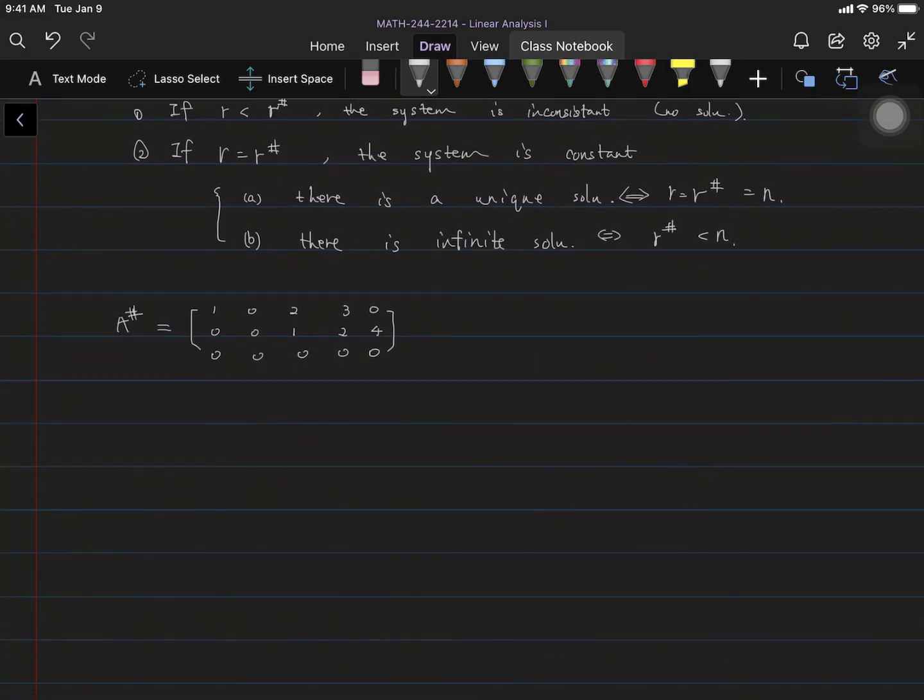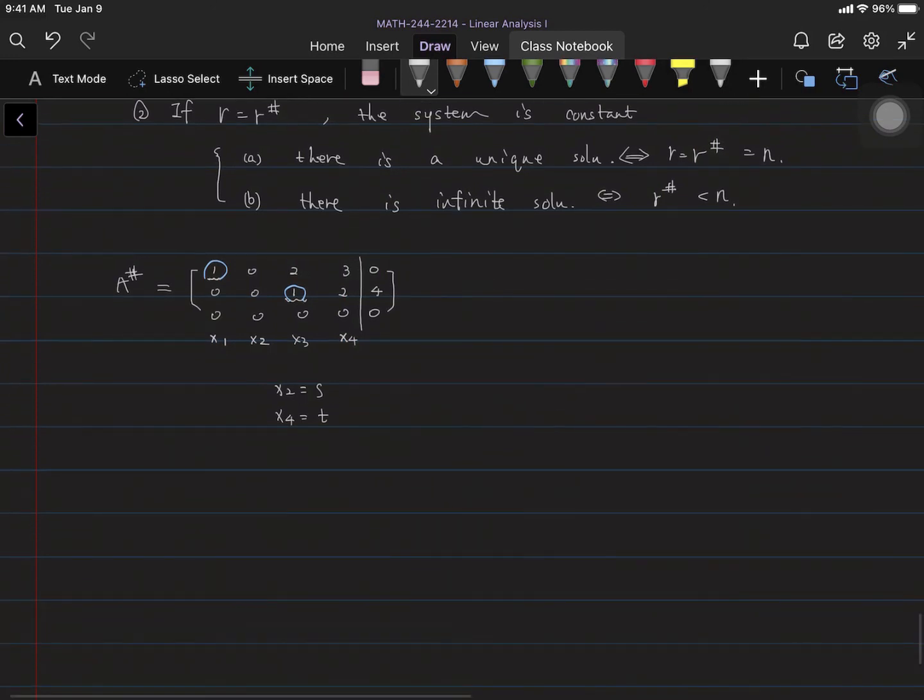This one definitely has infinite solutions, right? So you can see how many variables we have: x1, x2, x3, x4. So x1 can be solved, x3 can be solved. And so here x2 and x4 are free.